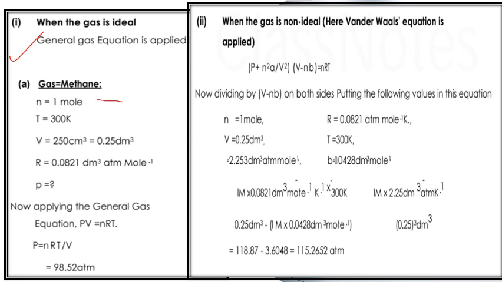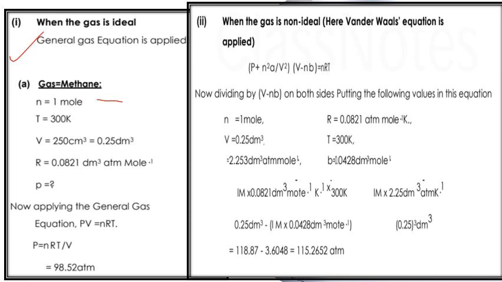Here it is given, the first one, when the gas is behaving ideally, the number of moles is told, that is 1 mole. 300 Kelvin is the temperature, as it is given in Kelvin, so no need to change it. Volume, you have to convert it into dm cube. The value of R according to the units mentioned here will be the STP value, as the volume is in dm cube, or you say the value will be 0.0821, as I told you earlier, you have to remember it well. इसकी ये आपकी tips पे होना चाहिए, ये आपको बिल्कुल throughout याद रहना चाहिए, right?